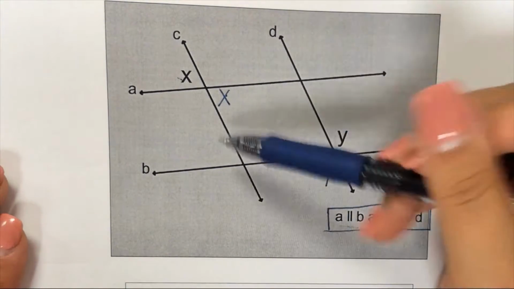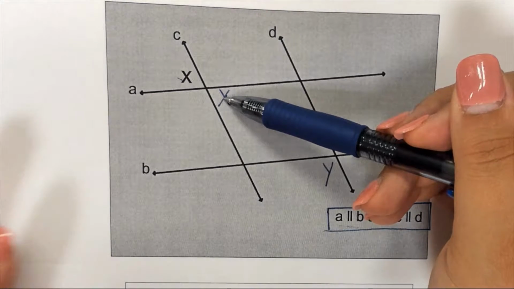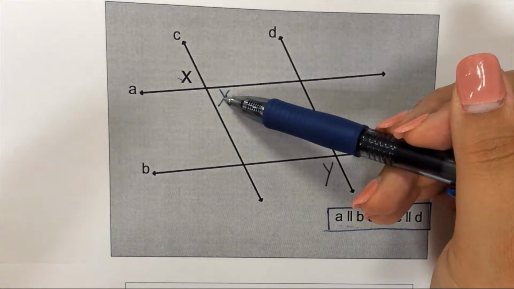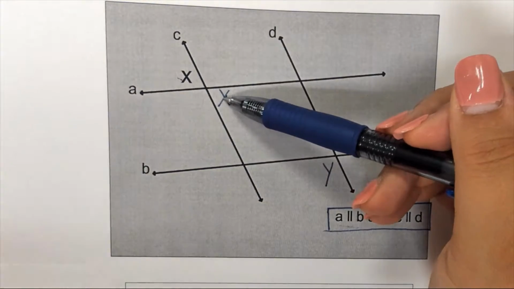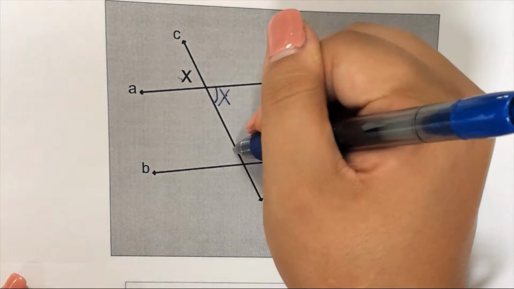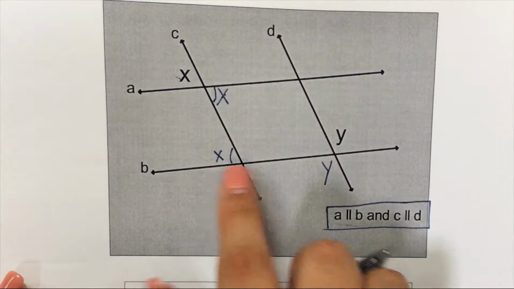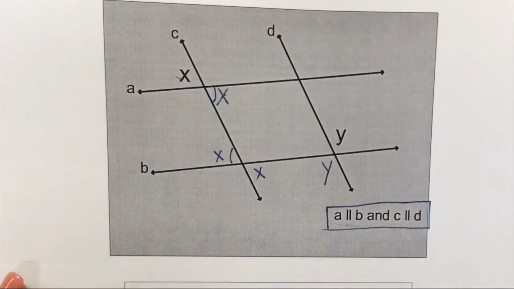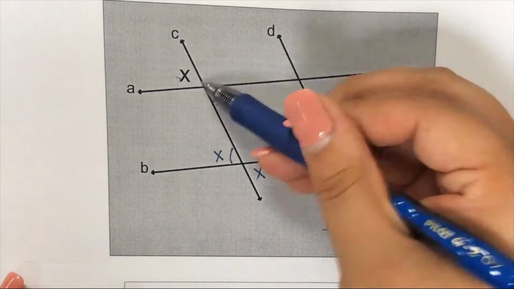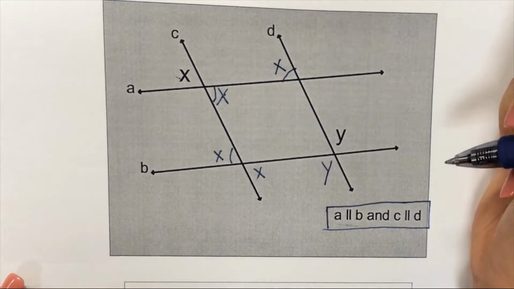Based on what we know, if this is X, so is my AIA, CA, or AEA. So you can choose which one you want to do. I always do the alternate interior angles because those are always going to be congruent. So that one's also X. And if that one's X, my vertical angle is X. But look, because C and D are parallel, this is X. Here's another alternate interior angle.